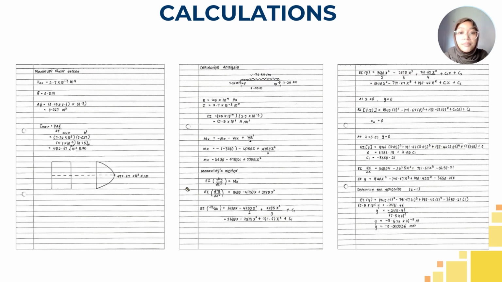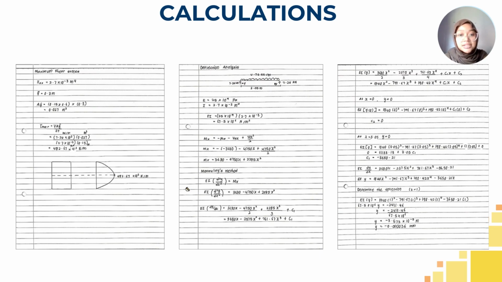Alright, untuk mengira MX adalah sama dengan negatif MA saya tolakkan dengan V maksimum saya tambah dengan W X kuasa 2 bahagi dengan 2.